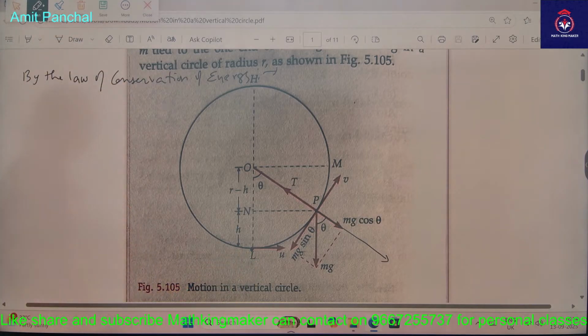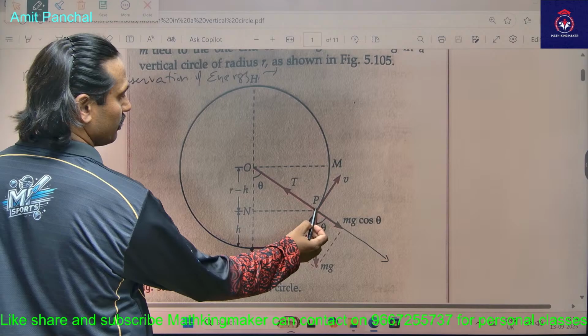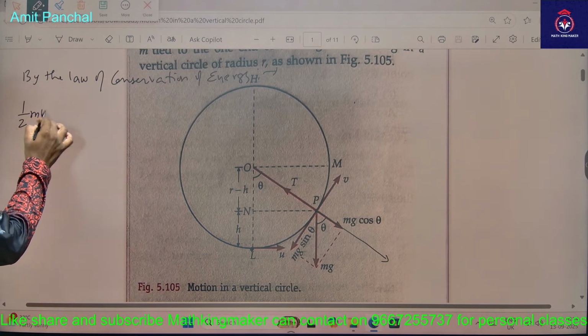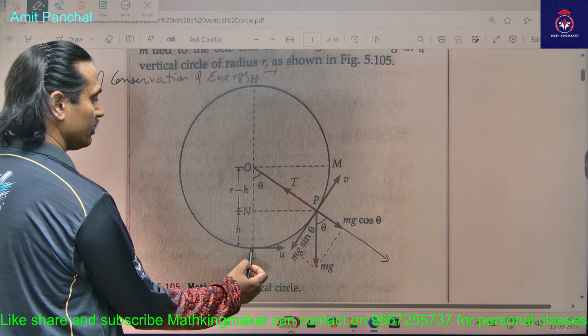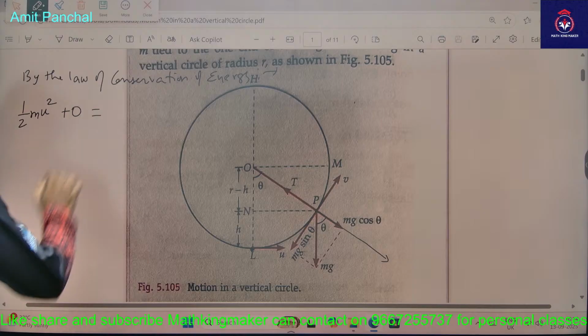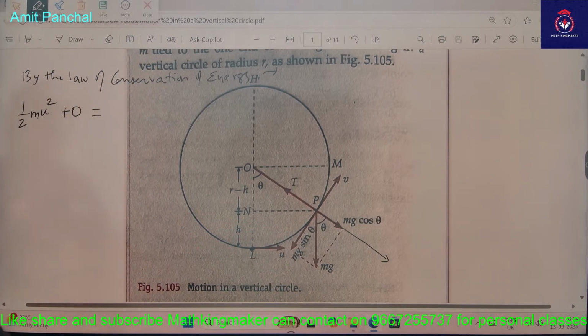Let us say its velocity is u at L, so it will be half m u square, plus the potential energy mgh. There is no height because it is at the lowest point, so that is 0. And the potential energy at this point P, with height h, will be mgh.